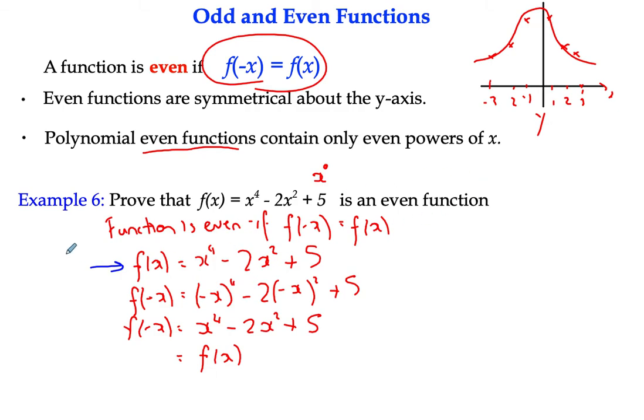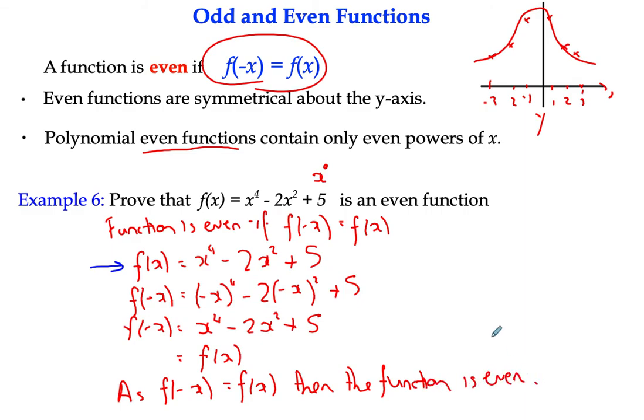And because we started off with the supposition that if f of -x equals f of x then the function is even, we can finish off our wonderful conclusion by saying as f of -x equals f of x, then the function is even.